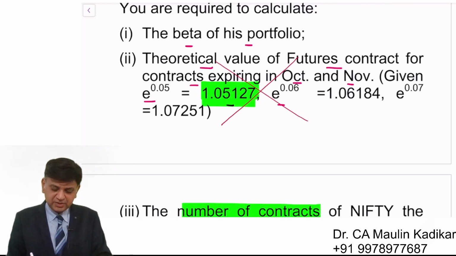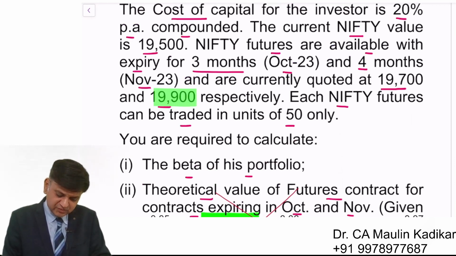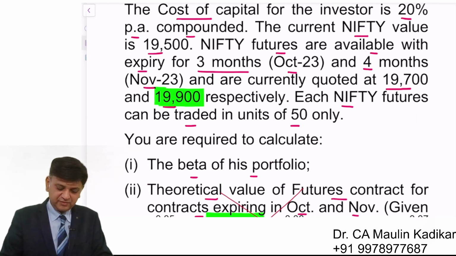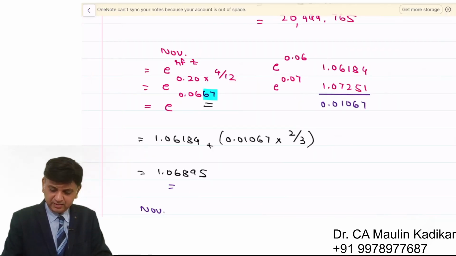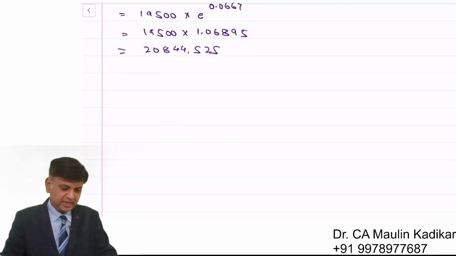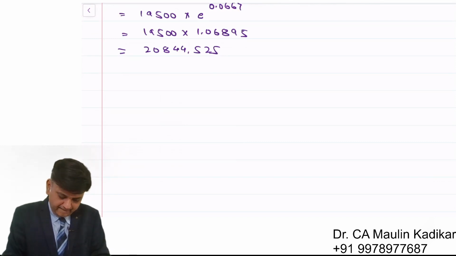Why? Because the question is ready-made providing the values to us. That is the reason we are required to take this value, since we are required to do hedging for the month of November. So I request all of you to write down the answer along with me. So the answer of the third question.